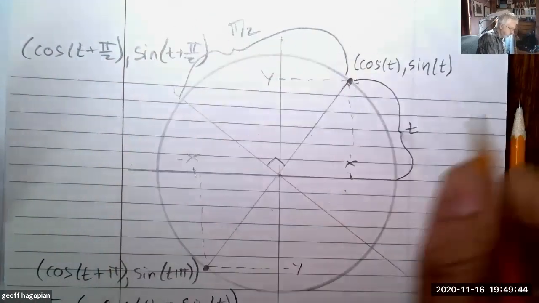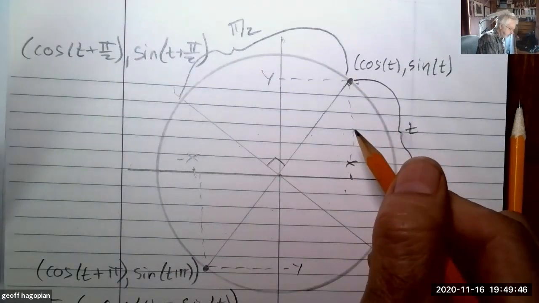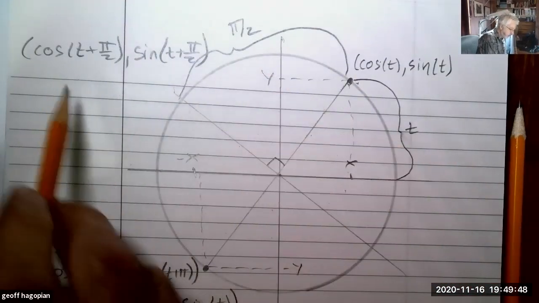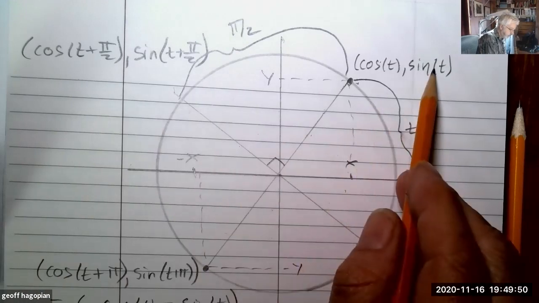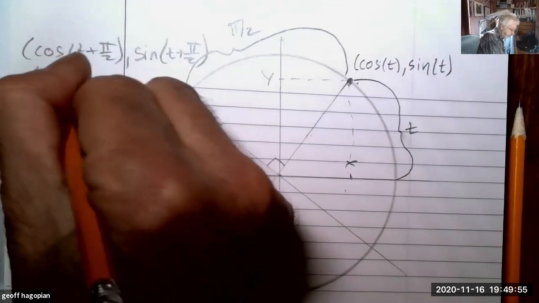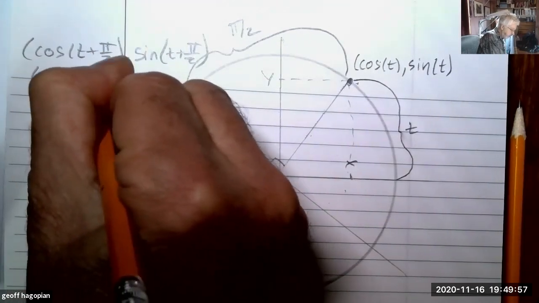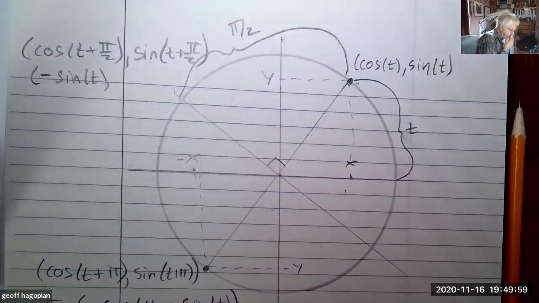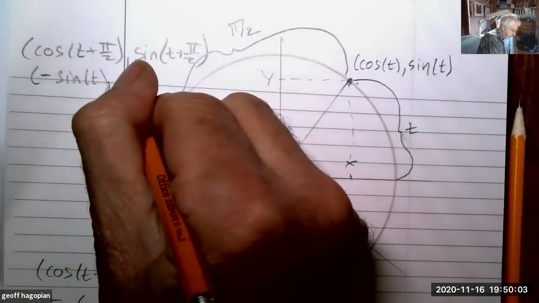And what do you see? Well, you see that this is going to be negative sine t, and this is going to be cosine of t.